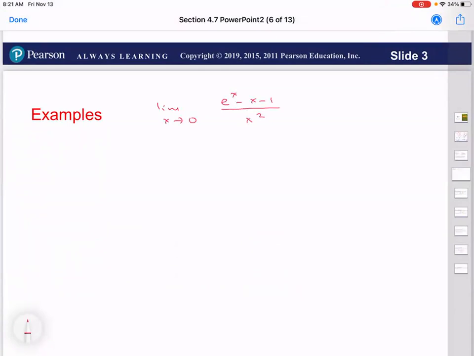Well, if we plug in x equal to 0, we get, e to the power 0 is 1, we get 0 over 0. Plug in 0 for x in the top and bottom, we get 0 over 0. Indeterminate form.